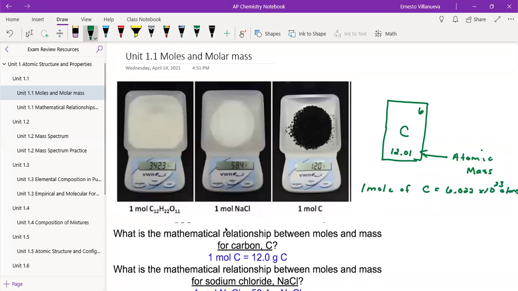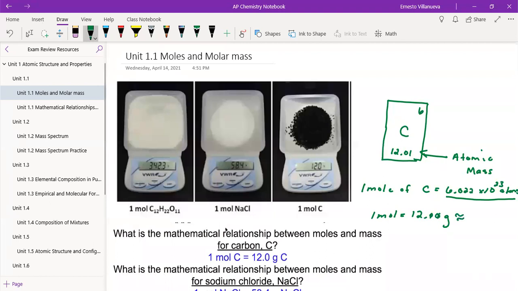What it's saying is, if you were to get this many atoms of carbon together, it's a huge number, then those atoms, or 1 mole of carbon, has a mass that you can actually measure at 12.01 grams.